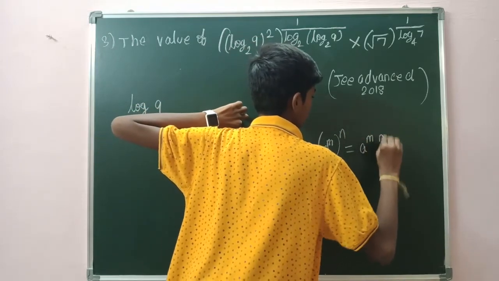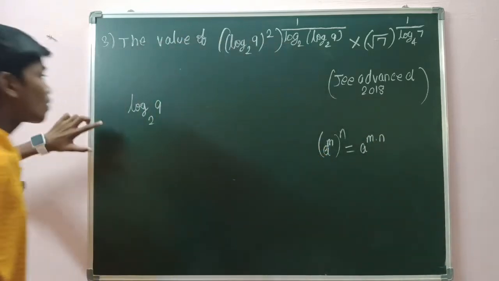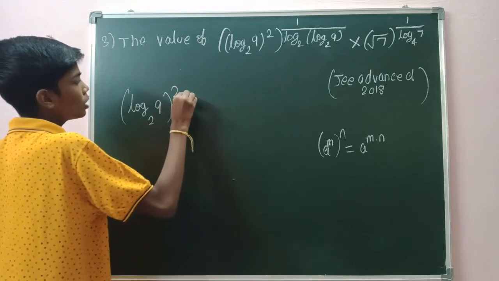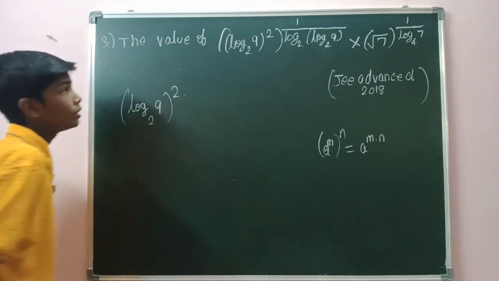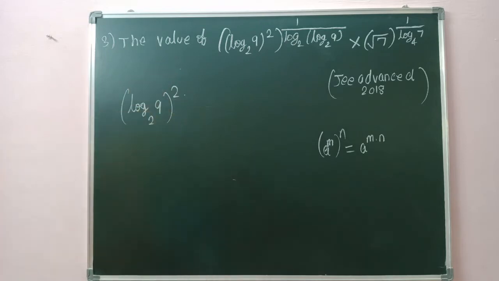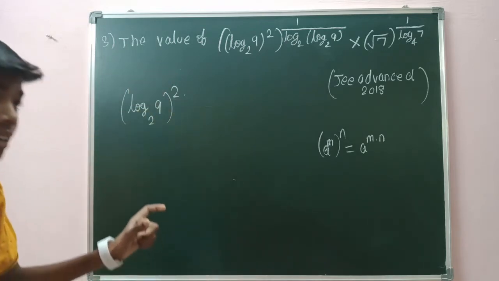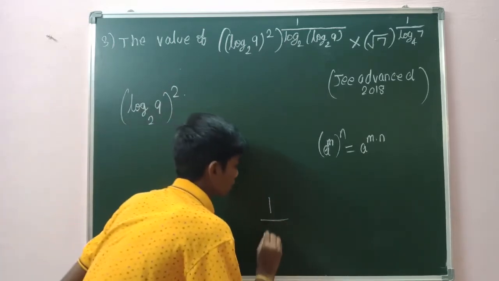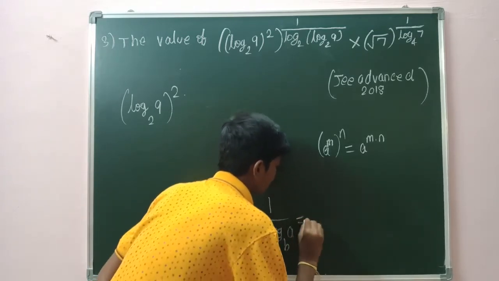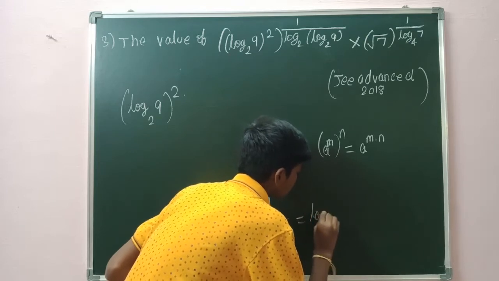This is a property you know, right? So from that I can write this as log to the base 2 of 9, that will be 2 into 1 by log to the base 2 of log to the base 2 of 9. Think very carefully. 1 by log to the base b of a can be written as log to the base a of b.